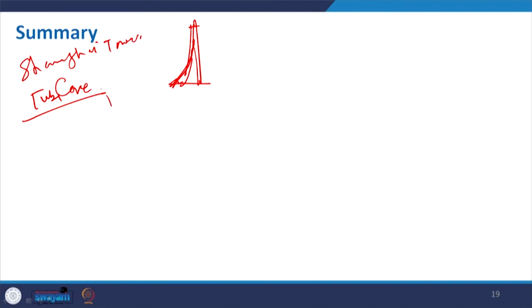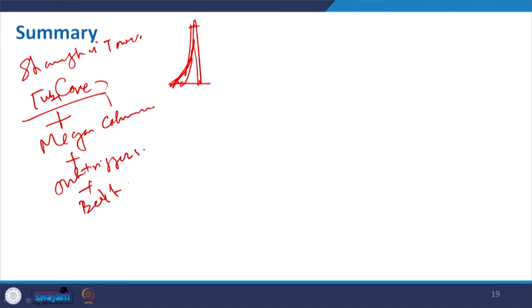Okay. And along with that there are some mega columns at the periphery, and then along with that we have some outriggers and belt trusses at different heights, and the whole tower is divided into different zones for different purposes, different activities like shopping, then you have some restaurants, then you have hotel.